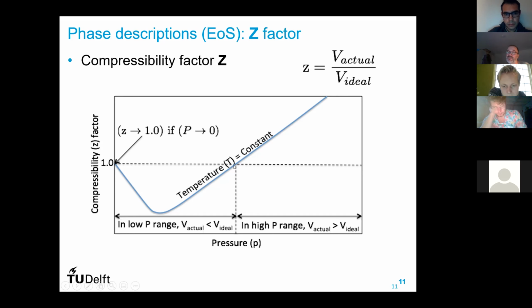At some point it reaches a pressure where the actual and ideal volumes are the same, and then the actual volume becomes higher, because again, ideal ignores the volume of molecules. So when you squeeze it, it just reduces the volume, while in the real case, you have these molecules that don't let you reduce it due to the repulsive forces.